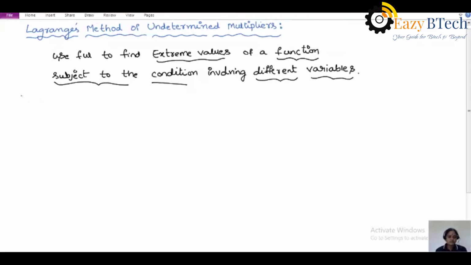Okay, so now the method of Lagrange's multipliers.